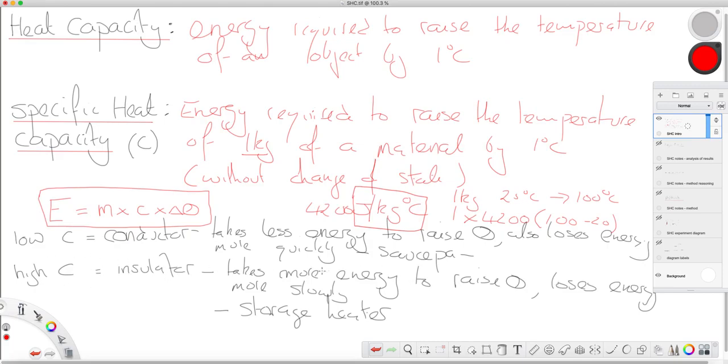Whereas with an insulator, it has a high specific heat capacity, so it takes more energy to raise the temperature, it will lose the energy more slowly, so you can store energy in that. And water, quite a high specific heat capacity, it's an insulator, and water stores a lot of energy.